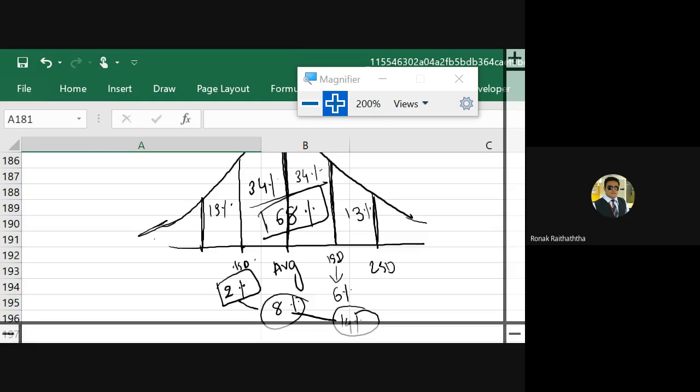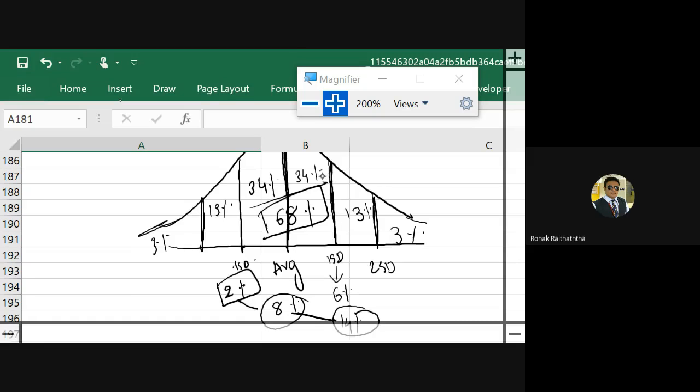And in the rest of the region, you have 3 percent. This is an approximation. Now you add 13 to 34. So what do you get? 47, 94, right?